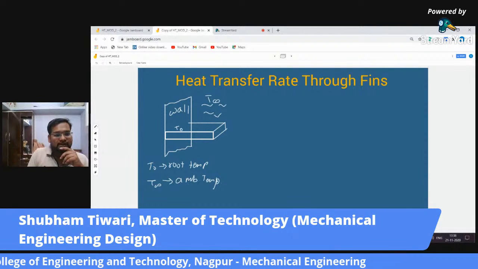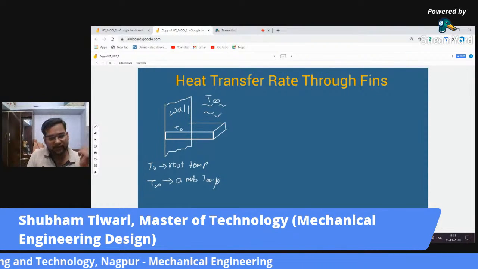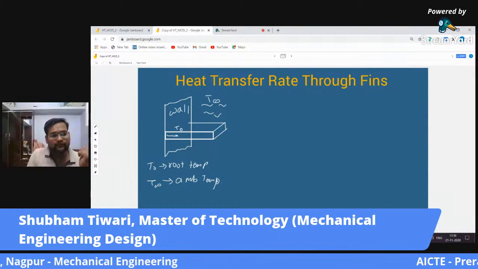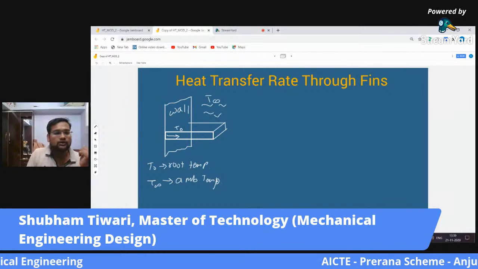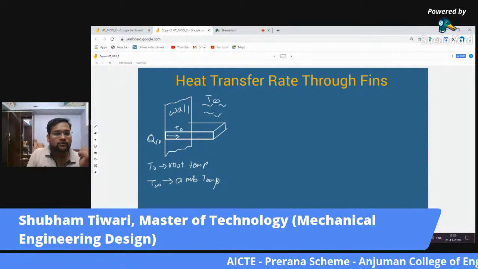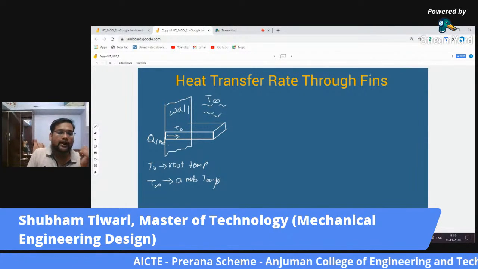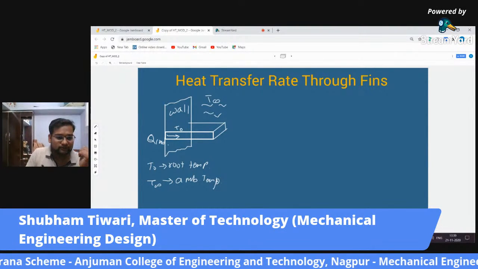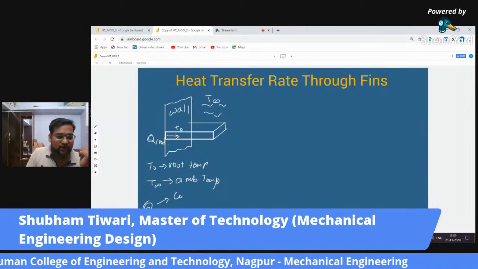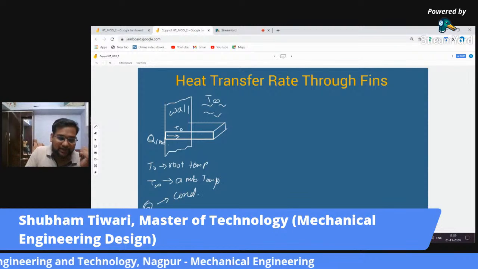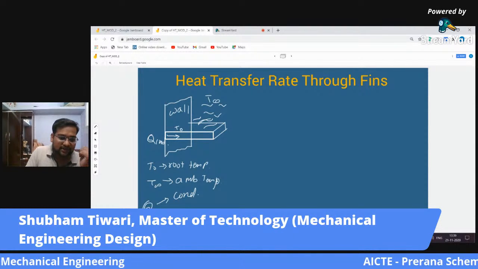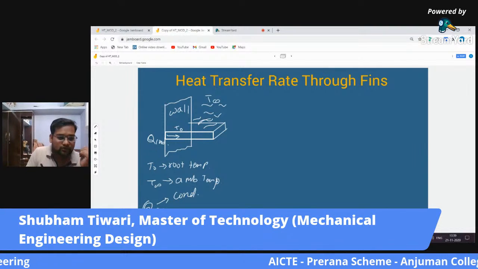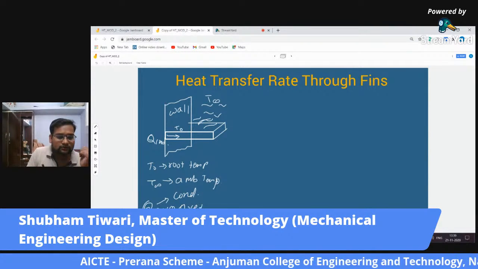So what happens here is, as the fin is made up of good conductor material, the heat will flow through it. The heat flows through the fin, and here the heat transfer mode is conduction. So heat is transferred through conduction, and simultaneously this extended surface, because of the temperature gradient, causes heat to get lost by means of convection.